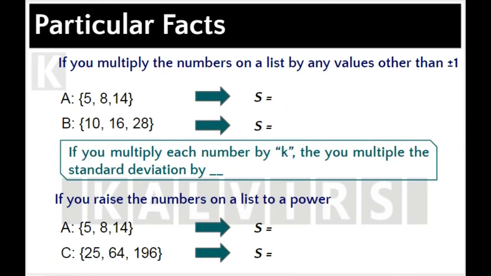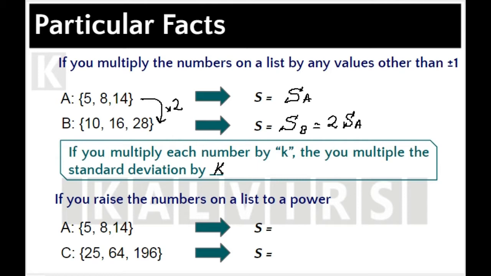If each value of the set is multiplied by any value other than +1 and -1, then you multiply the standard deviation by the same number as well. For instance, if the standard deviation of set A is this, then the standard deviation of B is 2 times the standard deviation of A. If you multiply each number by k, then you multiply the standard deviation by k.